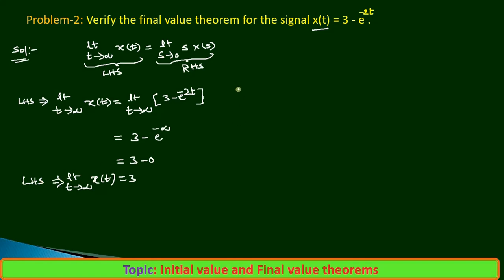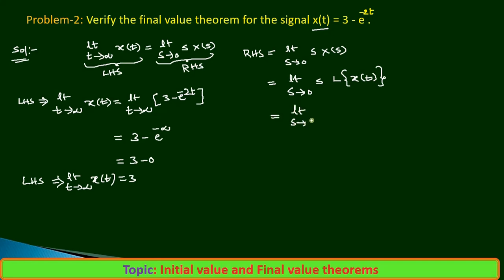Now we will find the RHS value. RHS equals limit s tends to 0 of s times X(s), and X(s) is nothing but the Laplace transform of x(t). So that equals limit s tends to 0 of s times the Laplace transform of 3 minus e^(-2t).